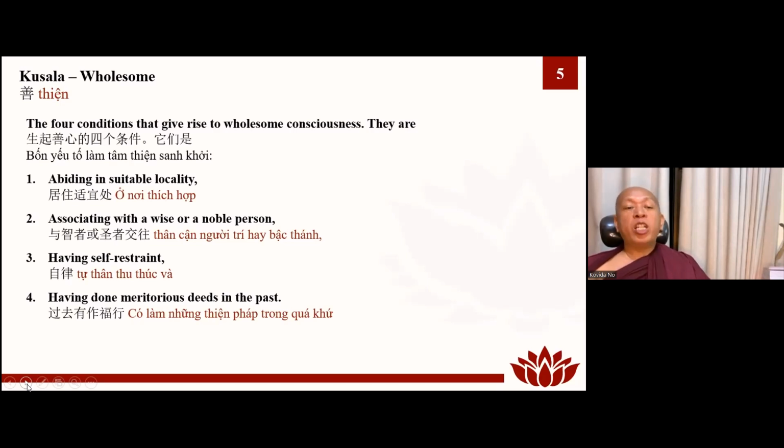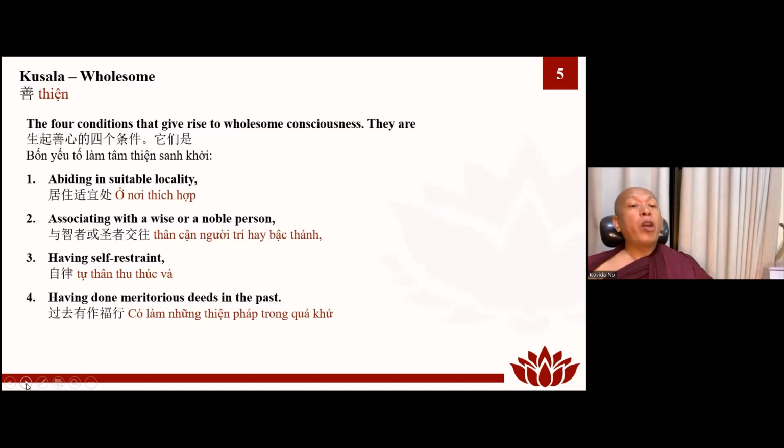Of course, we cannot see our past. Not all people can see the past, right? There are some people who can see their past. So the past is unknown for most people. How can we know that we have done good things in the past? We were born as a human being.